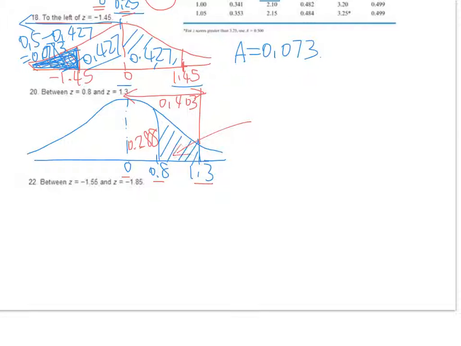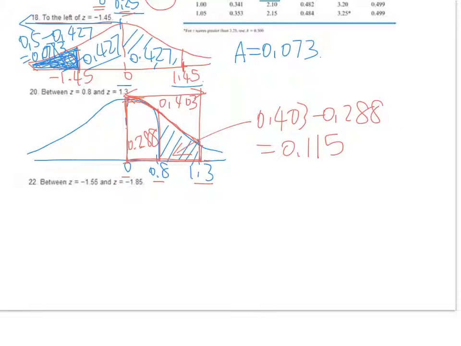So therefore, the shaded region is going to be the bigger area right here, subtract 0.288, to get the shaded region. 0.403 minus 0.288, and that's going to be 0.115 as the area. So again, see the red marking? I have it right here.